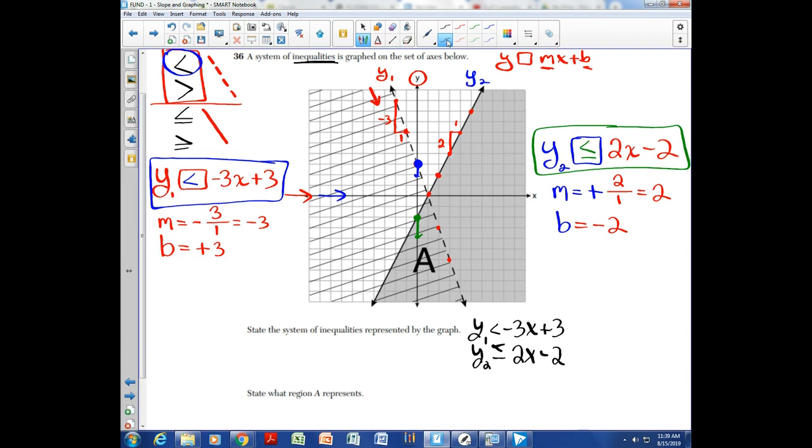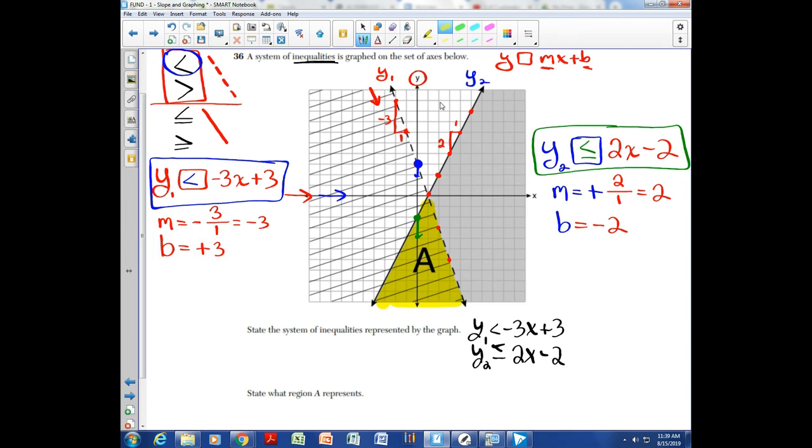Well, if I were to highlight region A for us, we could see that all the different parts in region A have the lines that are drawn, which was a part of the solution of our y1. And it's also gray, which was a part of our solution for y2.